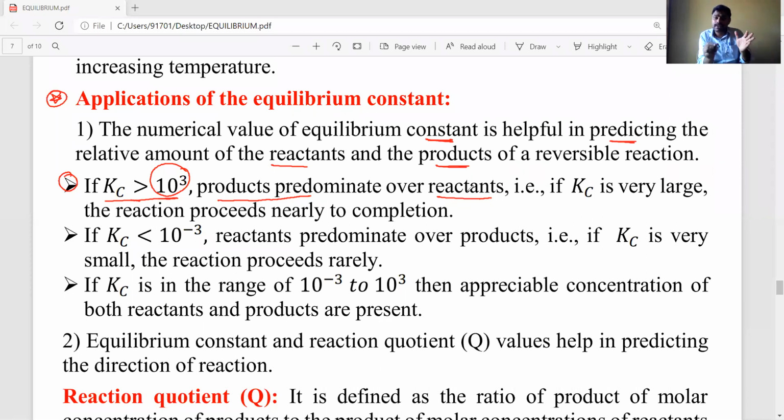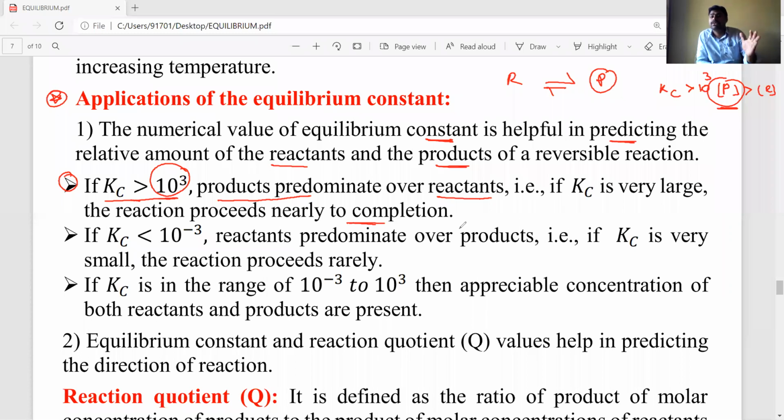If reactants are converted into products and the Kc value is more than 10 to the power of 3, then products are more than reactants, meaning the reaction is favorable in the forward direction. The reaction is nearer to completion, almost at the end of the reaction.